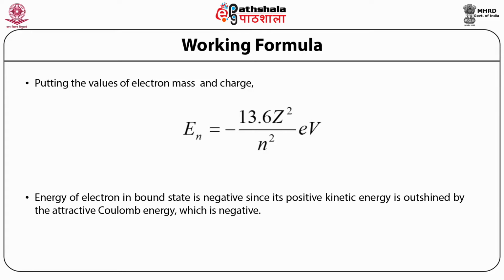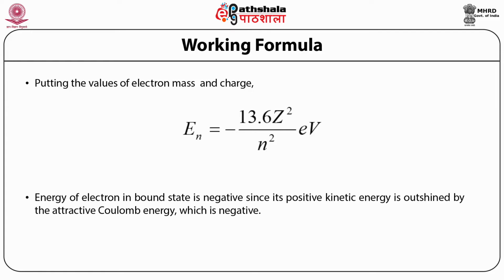For a hydrogen atom, you put Z equal to 1. So you find that the ground state energy of a hydrogen atom is minus 13.6 electron volts, and the higher excited states will have n equal to 2, 3, 4, and so on.